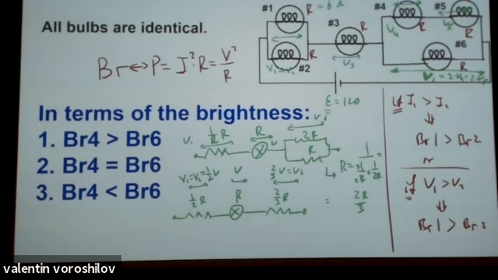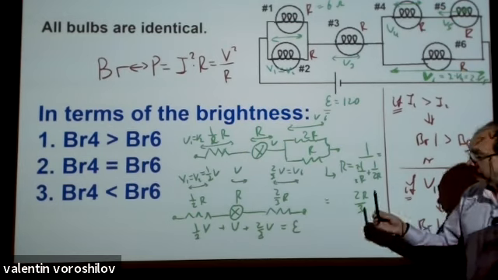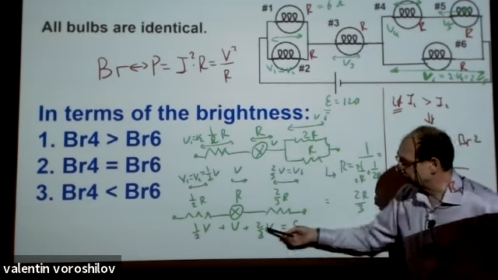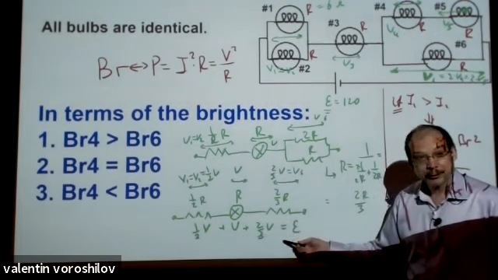V1 or 2. But now what do we know? Well, I know that if I add them all together, 1/2 of V plus 2/3 of V, that should give me total EMF. Of course, first of all, what you see, the actual value of R does not affect voltages.